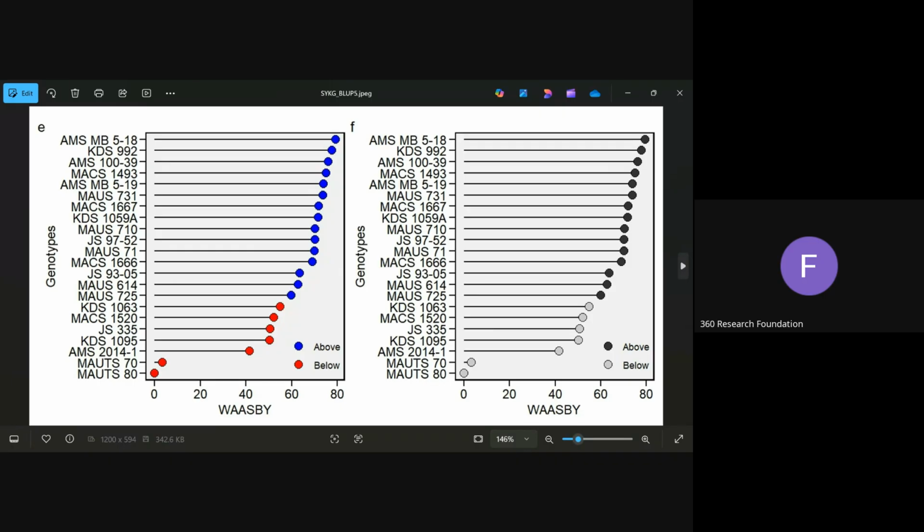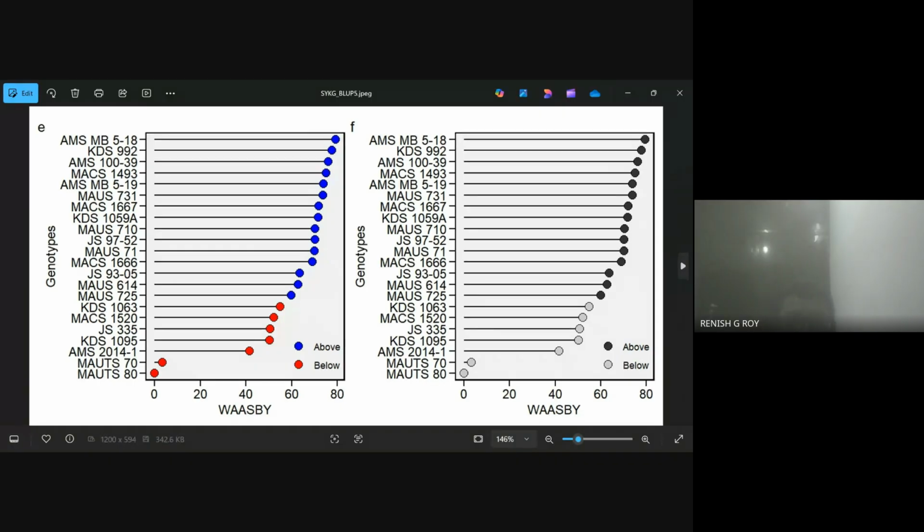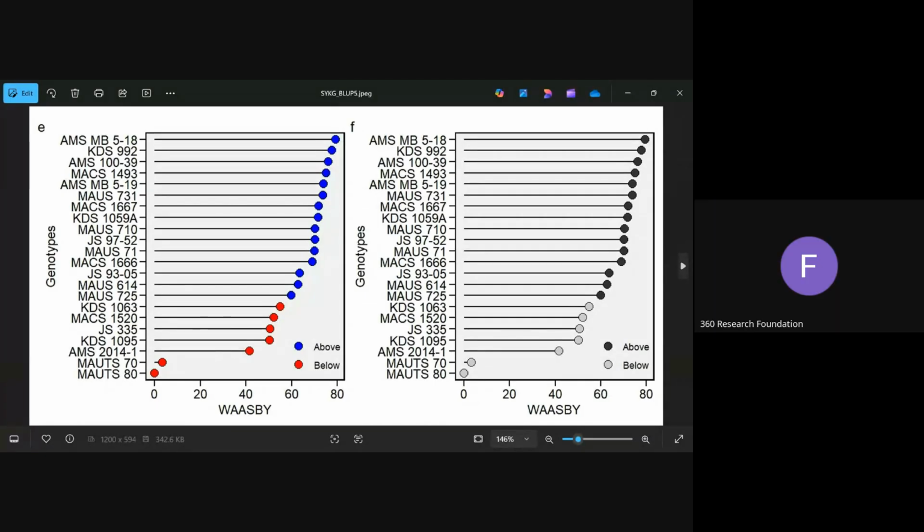Sir, what can we compare it from, like what does it denote, compared to other genotypes? Whichever are in blue, they are showing high index, so those are more stable. Whichever are below, they are showing less index, so they are less stable.